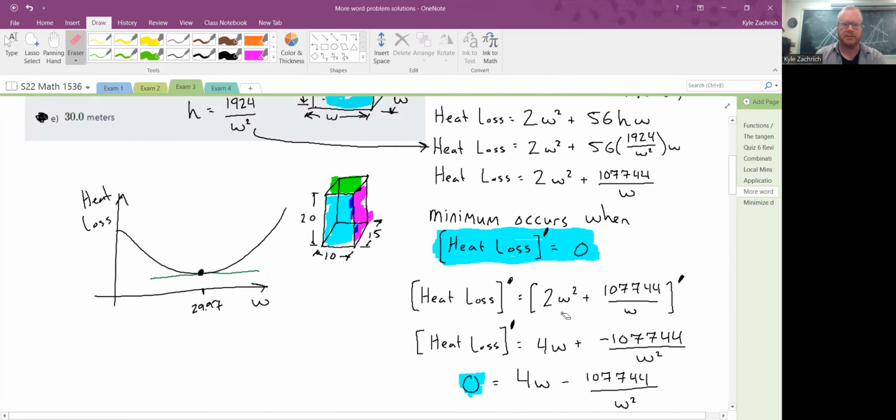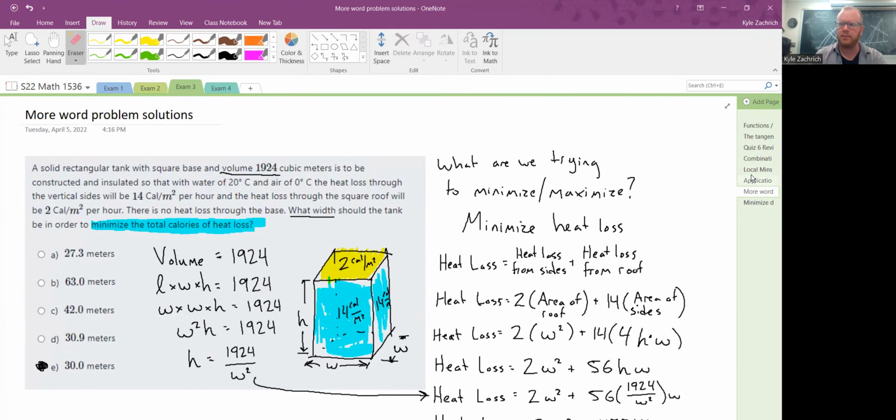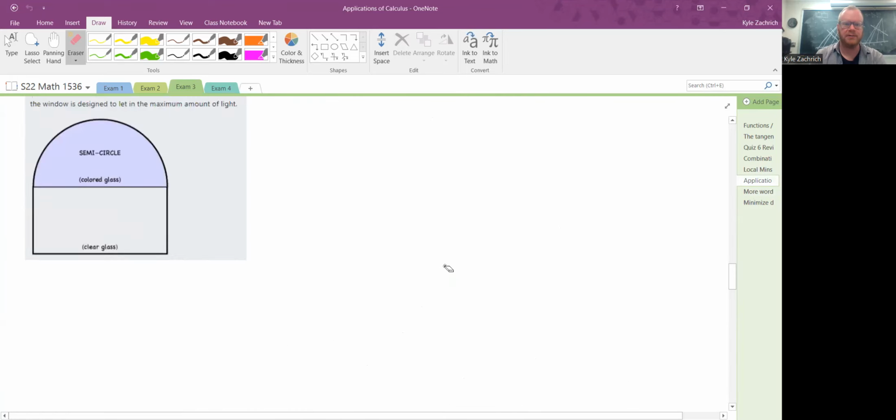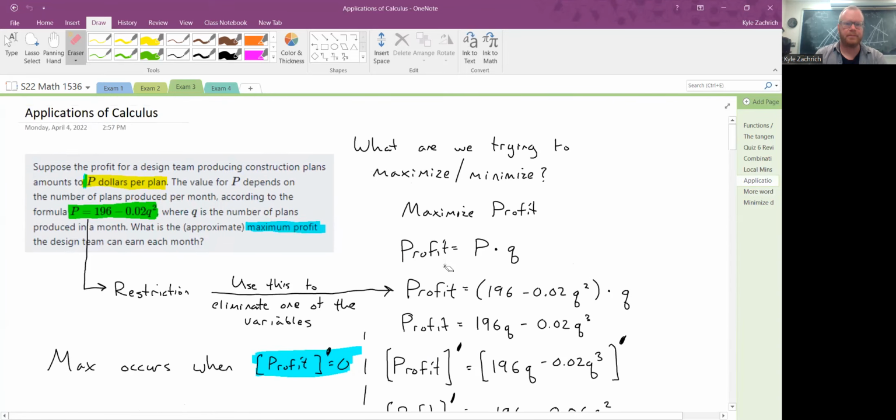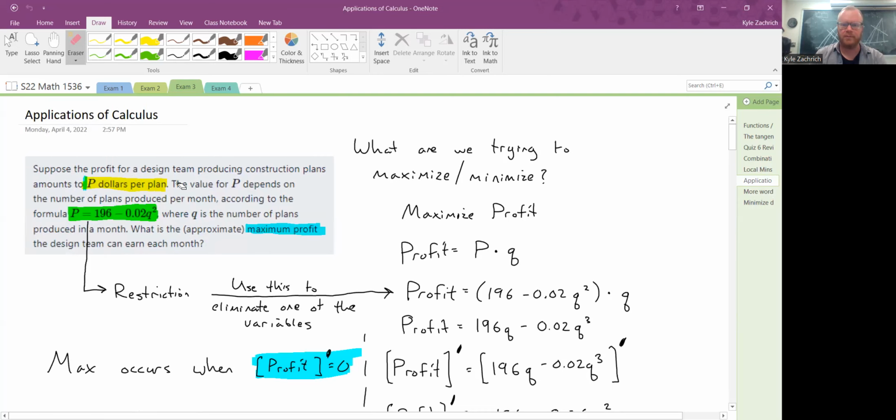That's going to be the consistent objective for all of these. This profit one on here, we're trying to maximize profit. The weird thing about this one was that there's a difference between this capital P value and the profit on there.